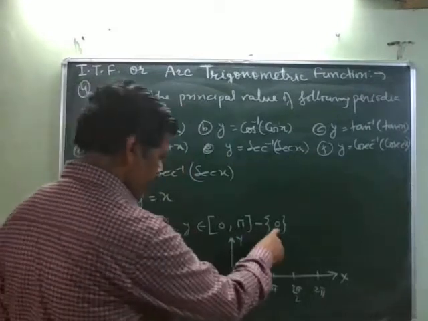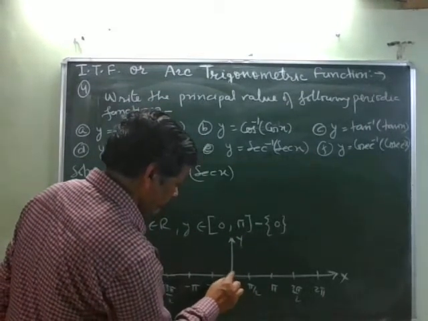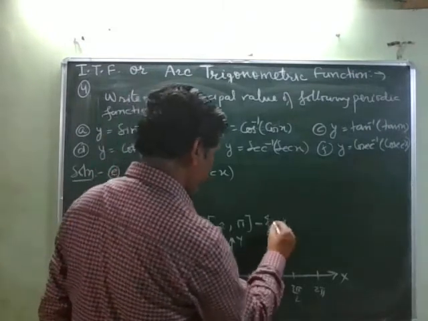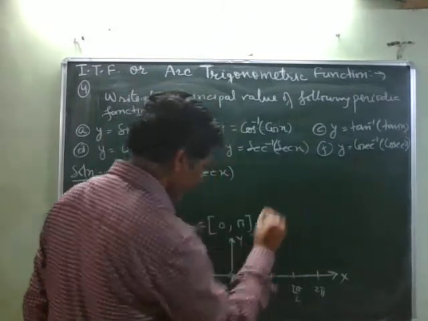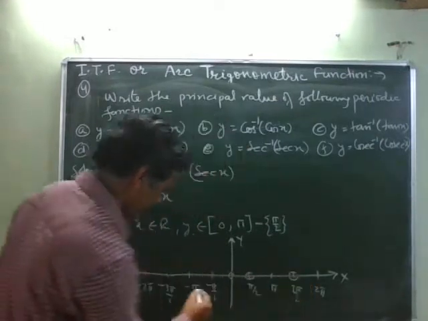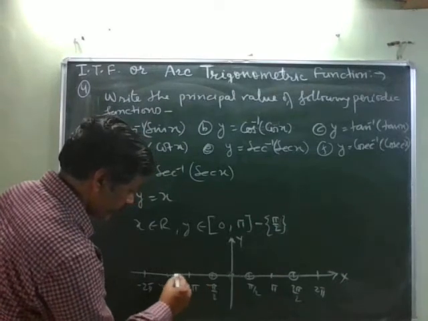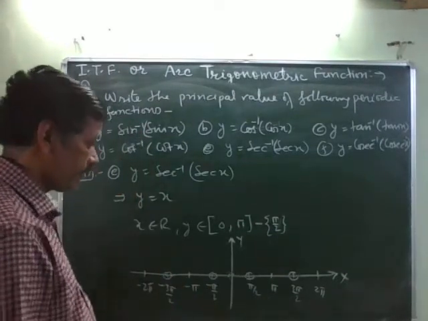It is minus pi by 2, sorry, here, then here, not this one, it is not defined at these points.